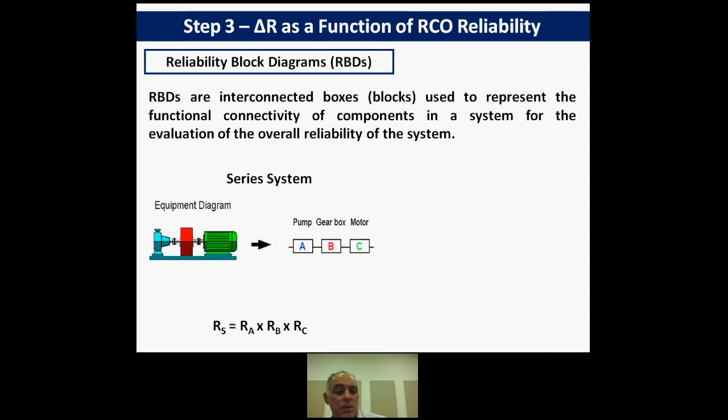Now, it is also important to be able to calculate the reliabilities of the system in terms of how they are connected operationally, and this is a very simple example which involves a motor, some sort of reduction box or gearbox, and a pump.